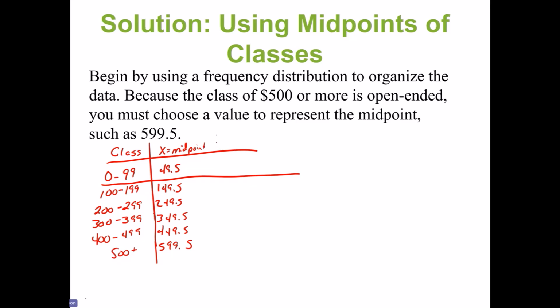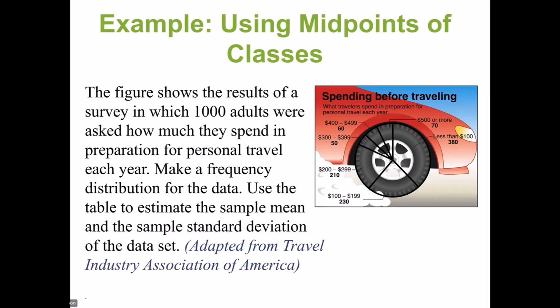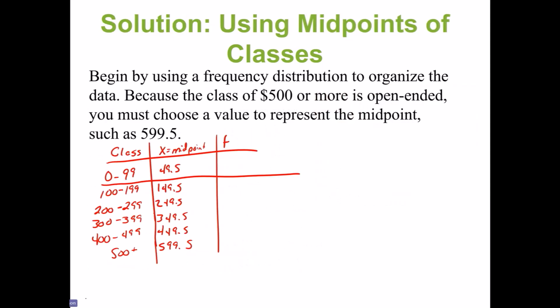But then from there, you basically do the exact same idea. So we get our frequencies, which are on that picture. So 380 adults responded they spent less than $100 before they travel. So we just pull those frequencies off of the picture.